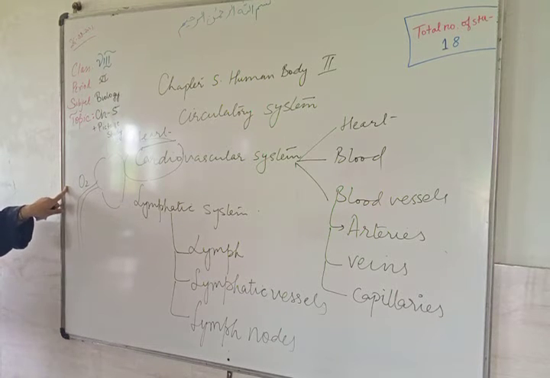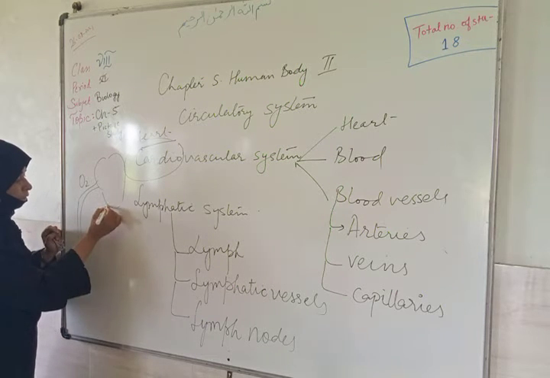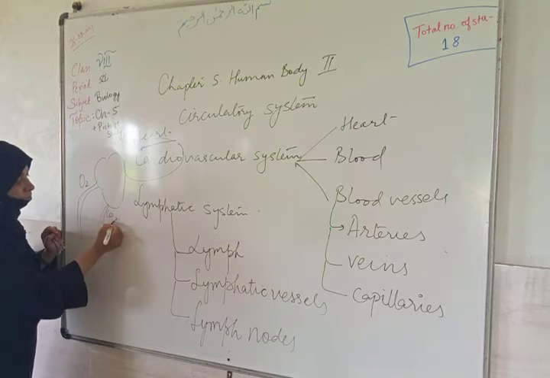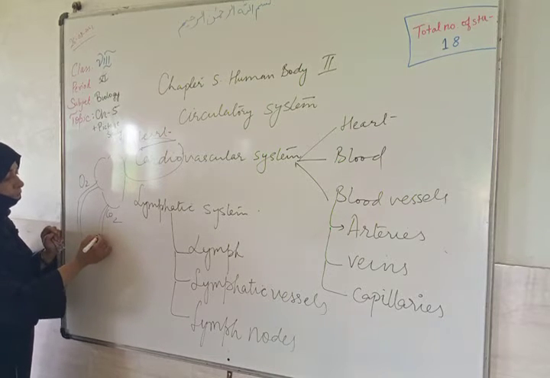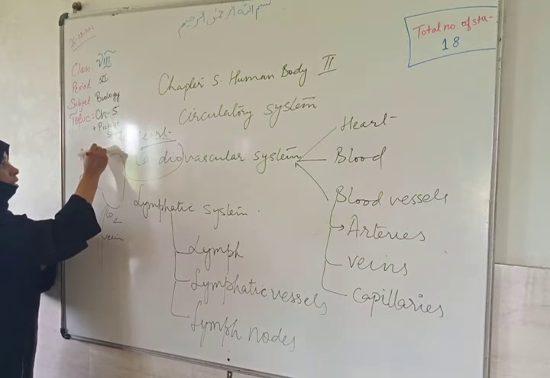And the deoxygenated blood goes into the lungs. But right now we are talking about the blood vessels. This deoxygenated blood is in veins, and oxygenated blood in arteries.